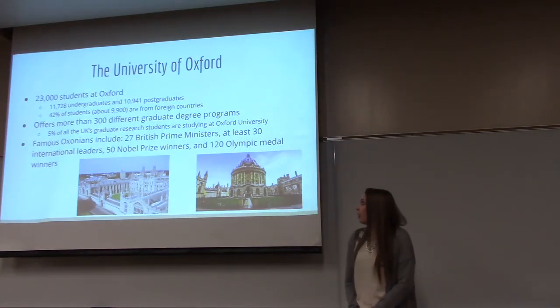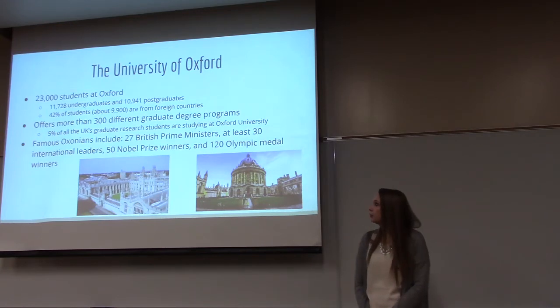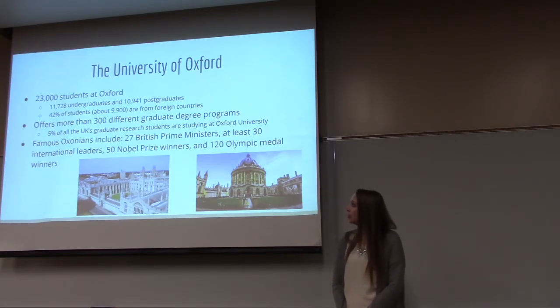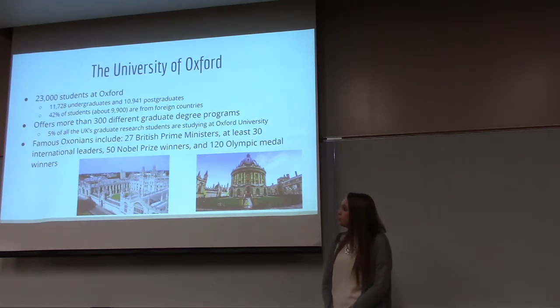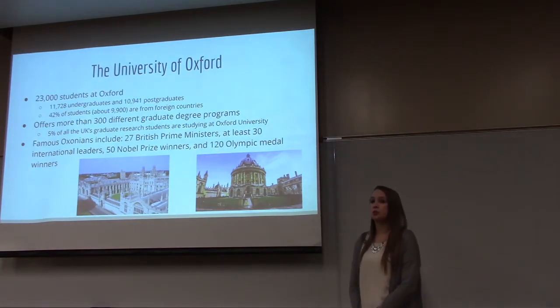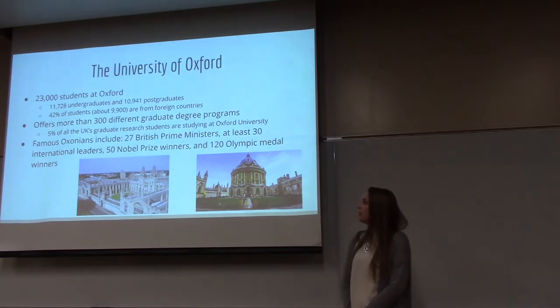A little more about the University of Oxford. There are about 23,000 students. About 11,000 are undergraduate and 10,000 are postgraduate. And 42% of the students are from a foreign country.